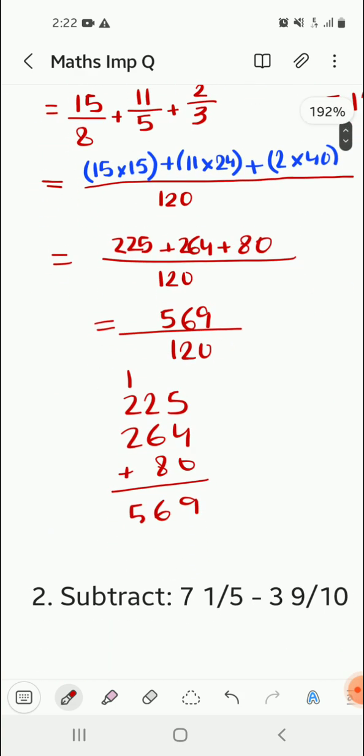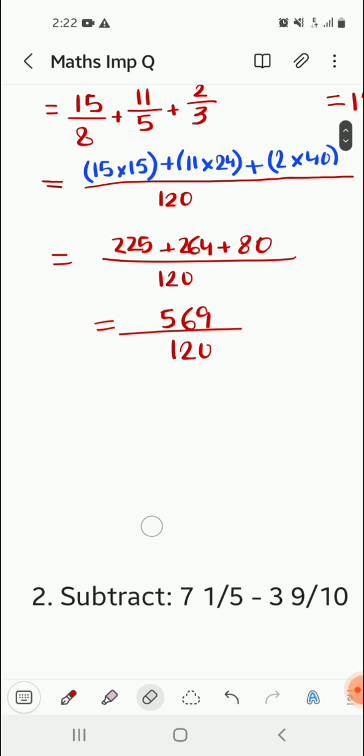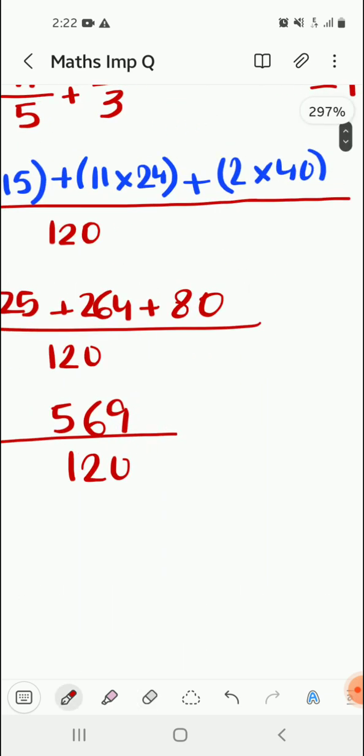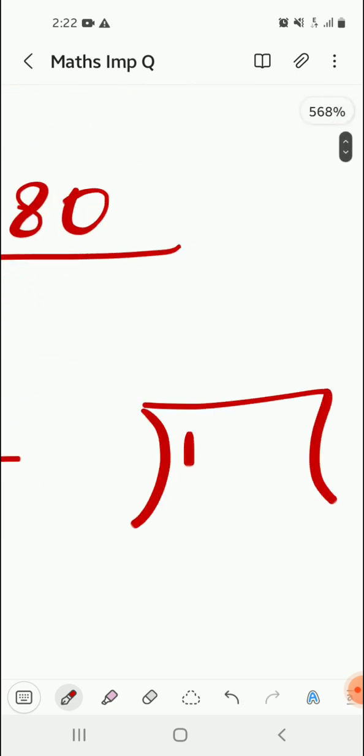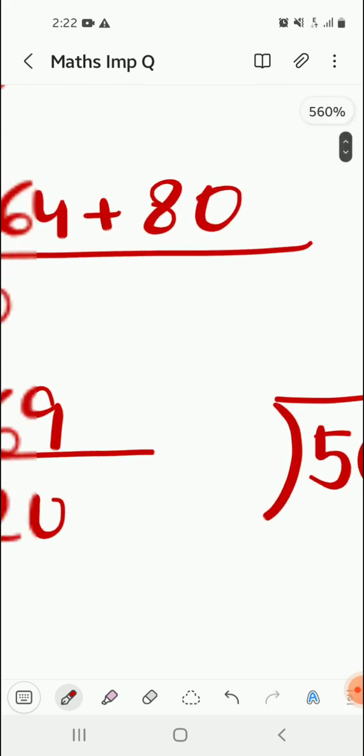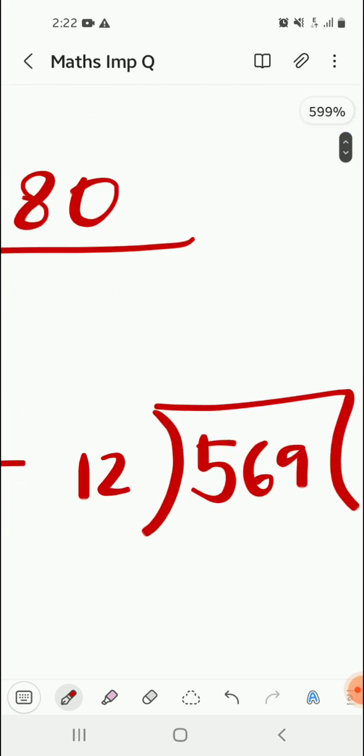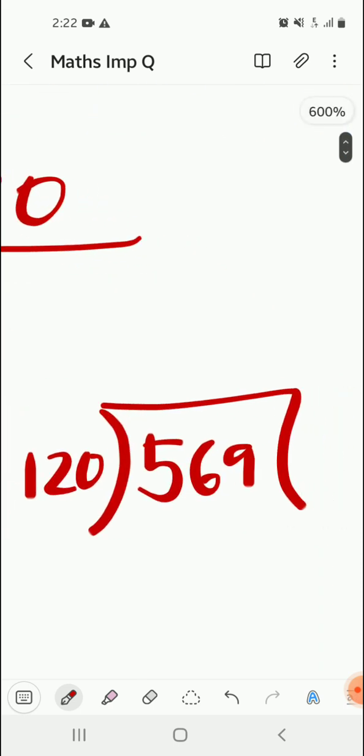Now see, this is an improper fraction, so we need to convert it into a mixed fraction, because the numerator is greater than the denominator. So let's find the mixed fraction. 569 divided by 120.